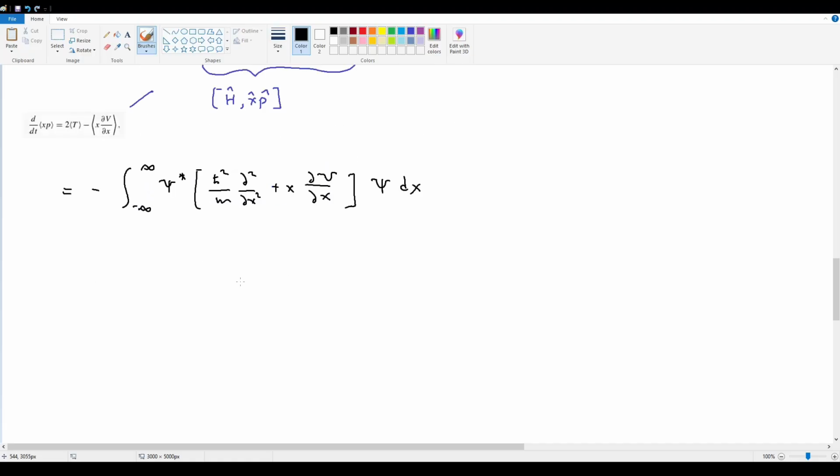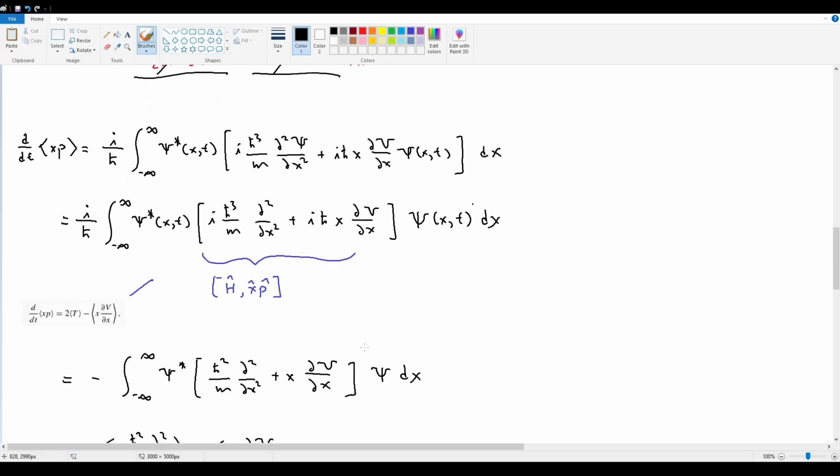So this can then be split via the distributive property into two individual expressions, right? Because this is equal to negative of the expectation value of h bar squared over m d2/dx squared plus the expectation value of x dV/dx, like that.